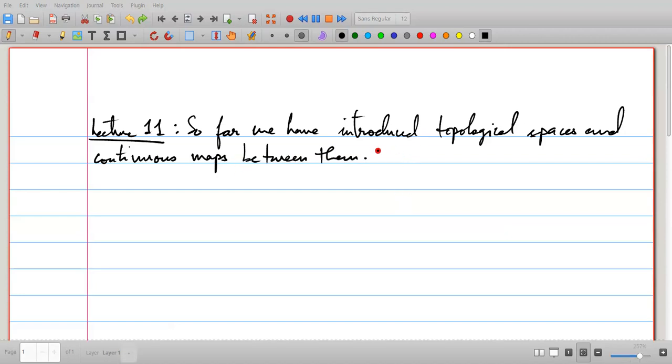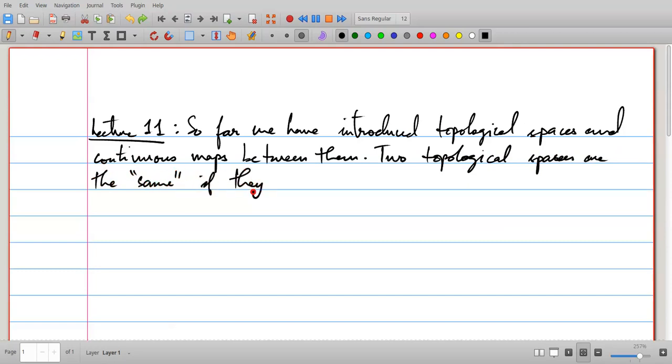So, two topological spaces are the same if they are homeomorphic.